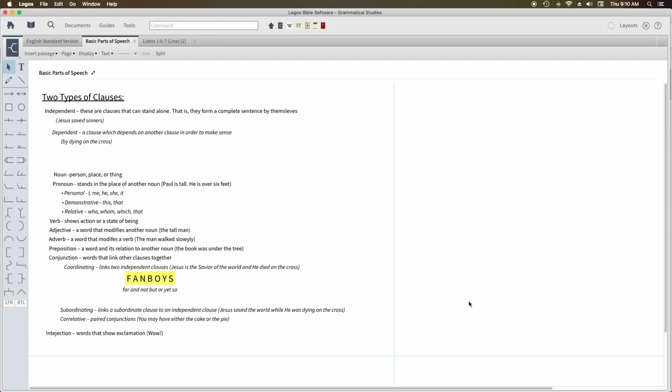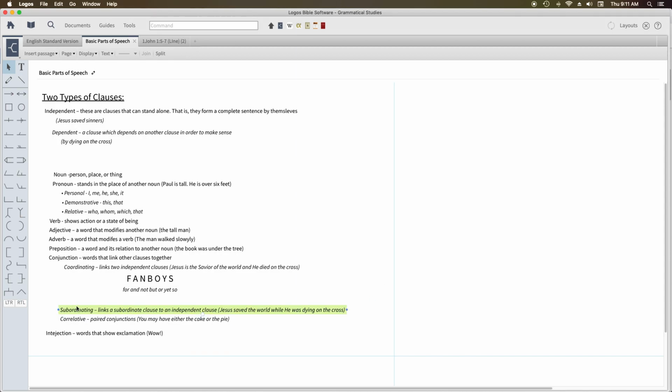Which brings us to our next type of conjunction, and that is a subordinating conjunction. A subordinating conjunction links a dependent clause and an independent clause together.